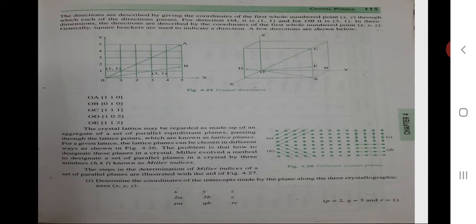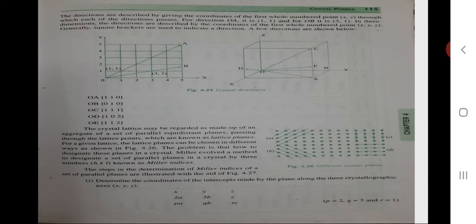For direction OA, it is 1 1 because the x coordinate is 1 as well as the y coordinate is 1. And for OB, it is 3 1 because x is 3 and 1 is its y axis.